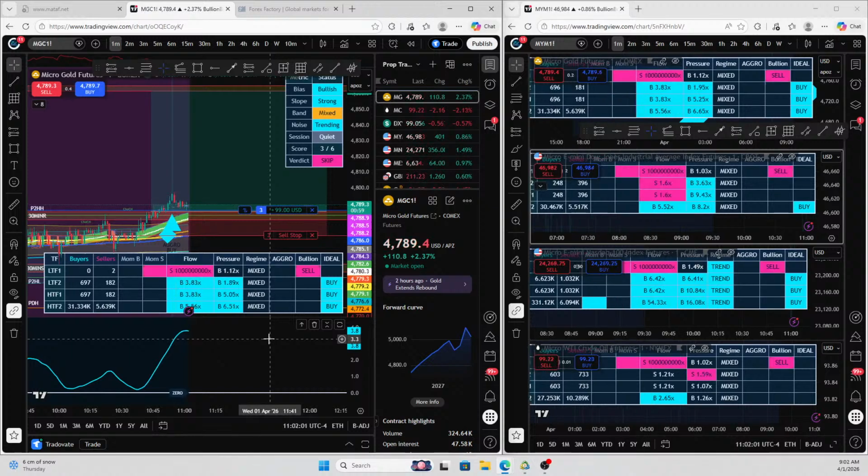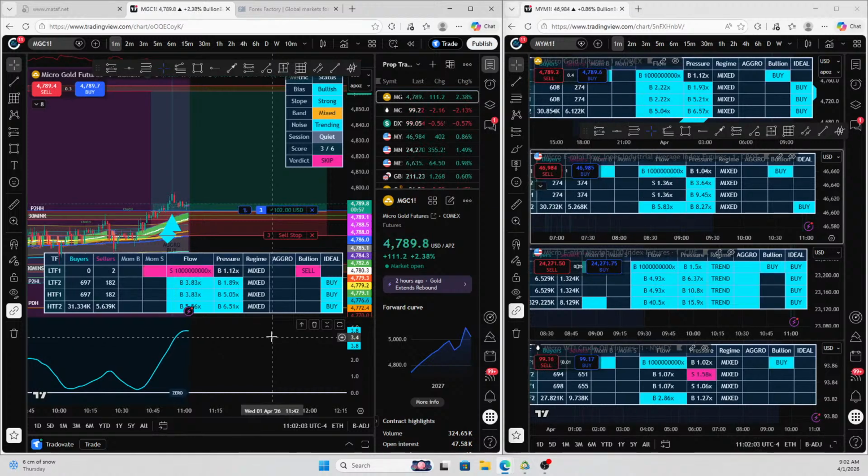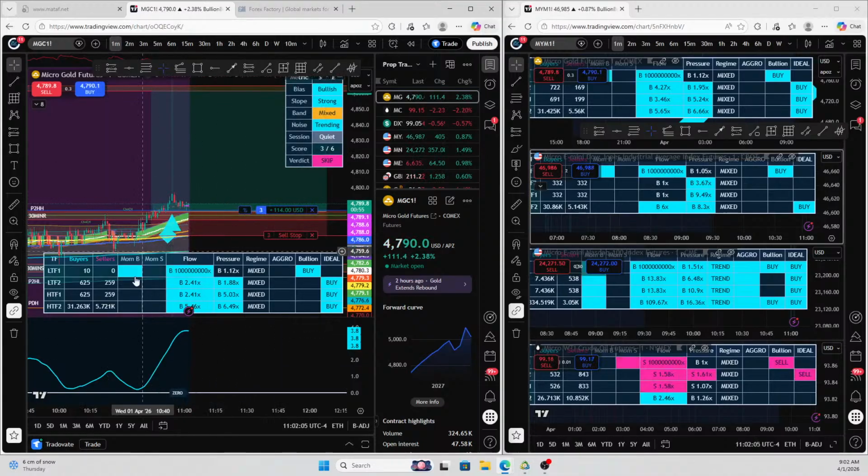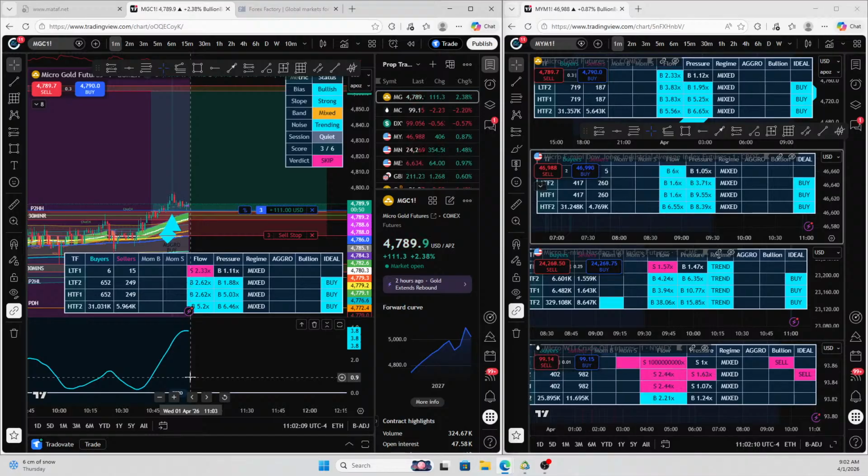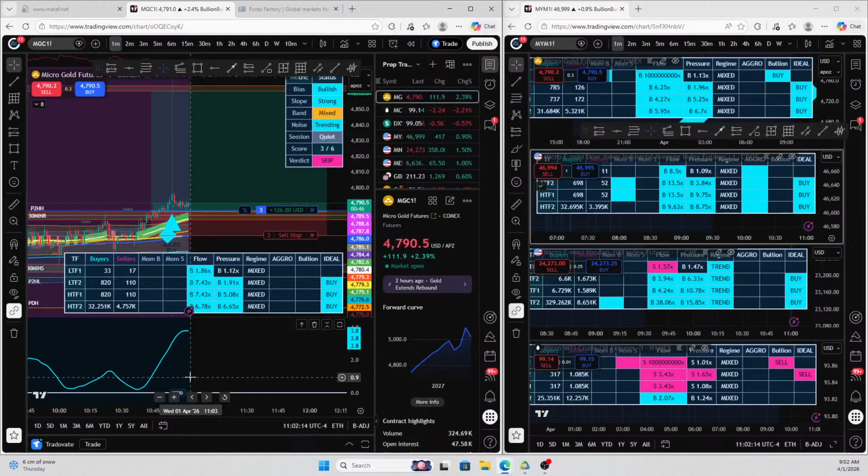Yeah, this was a trade purely based on volume assessment and overall price action along with our oscillator. So everything is pointing towards the bull side. And then as well our technical level.